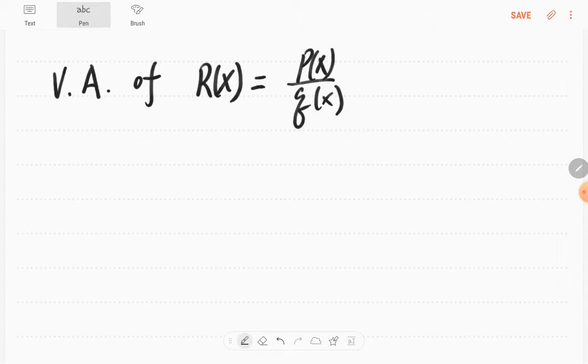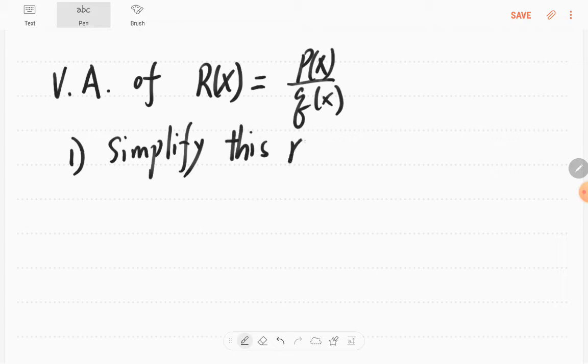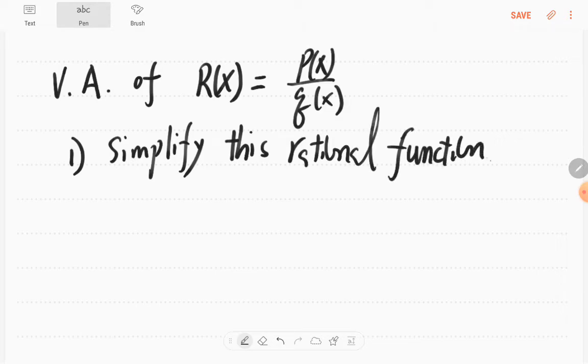If you want to find the vertical asymptotes, you first need to simplify this rational function such that there is no common term, to get a reduced form.